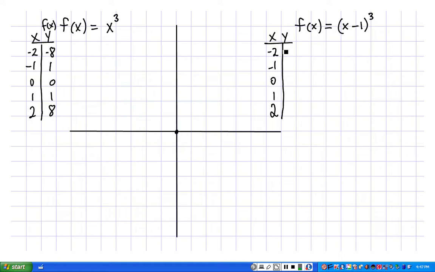So at -2, -2 minus 1 gives me a -3, and -3 to the third is -27.